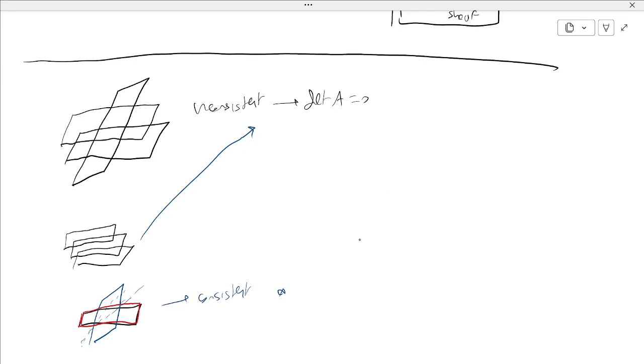And how do you tell if your planes are parallel, right? It's easy to tell. Planes are parallel if the rows of the matrix are multiples of each other.